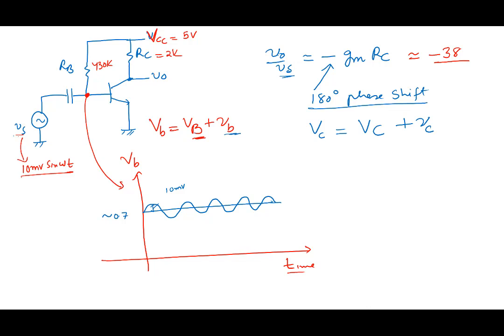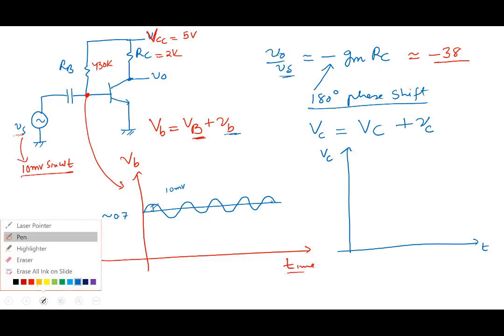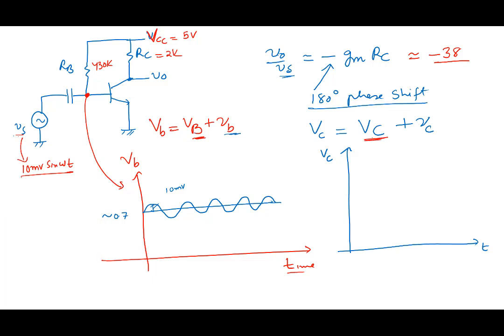So if I were to plot here again as a function of time, what do you think VC will look like? What was the DC value of VC? 3 volt, right? So you draw 3 volt.